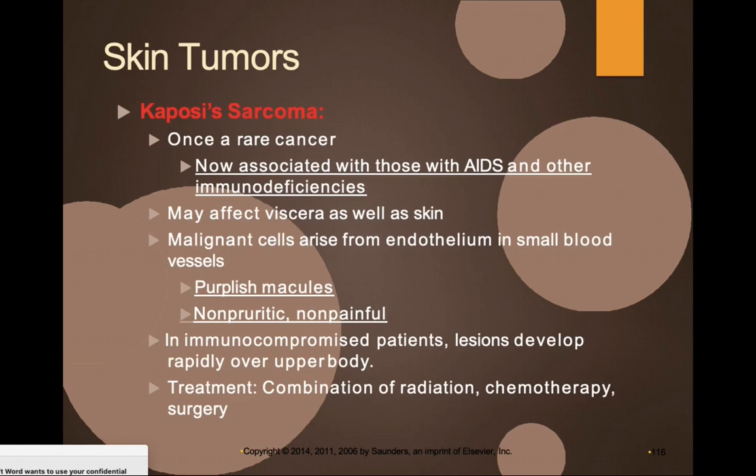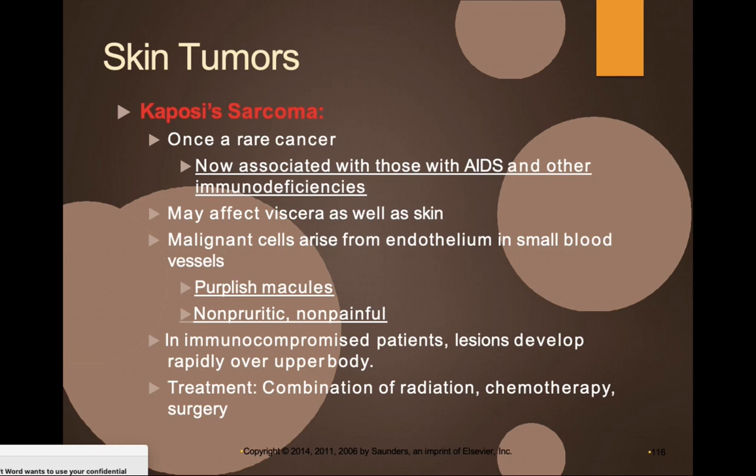Kaposi's sarcoma. This was once a pretty rare cancer. Now it's seen a whole lot more than ever. It's associated with those with acquired immune deficiency syndrome and other immunodeficiencies. This can affect viscera and organs as well. These are malignant cells that arise from the endothelium in small vessels, and they look like purplish macules.